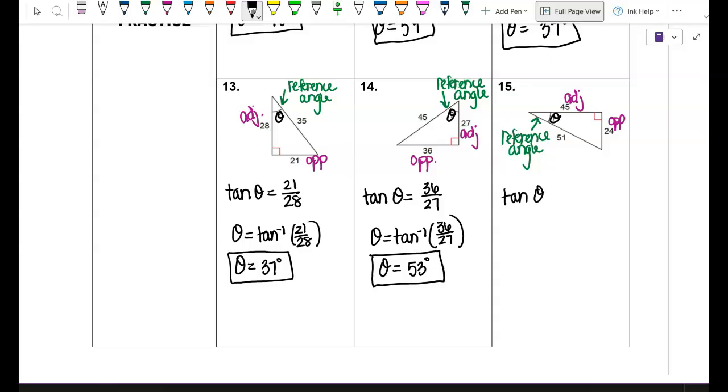So the tangent of theta is opposite of 24 over adjacent of 45. So theta equals the inverse tangent of 24 divided by 45. And what did we get for the angle measure? 28 degrees.